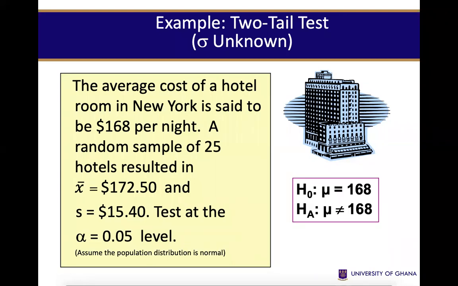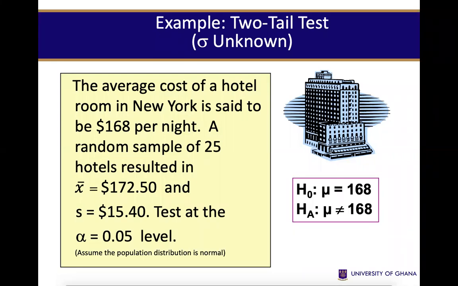We considered the one-tail test, the upper tail and the lower tail type of questions, and we couldn't do the two-tail test because of time, and we want to continue with that.